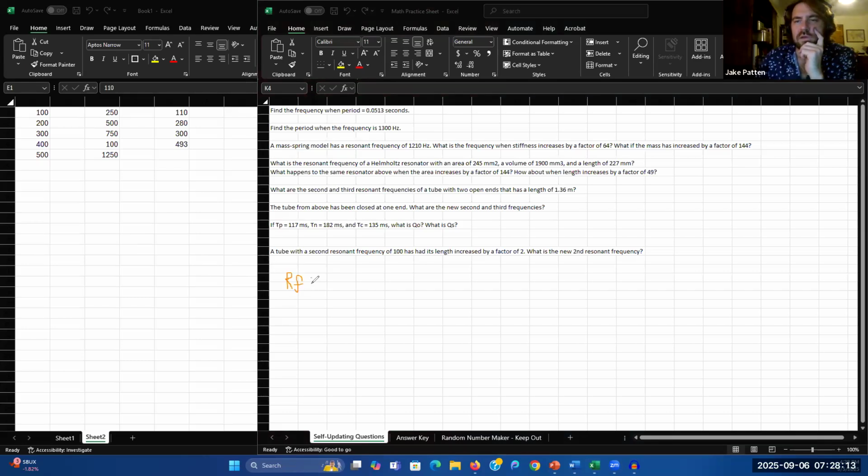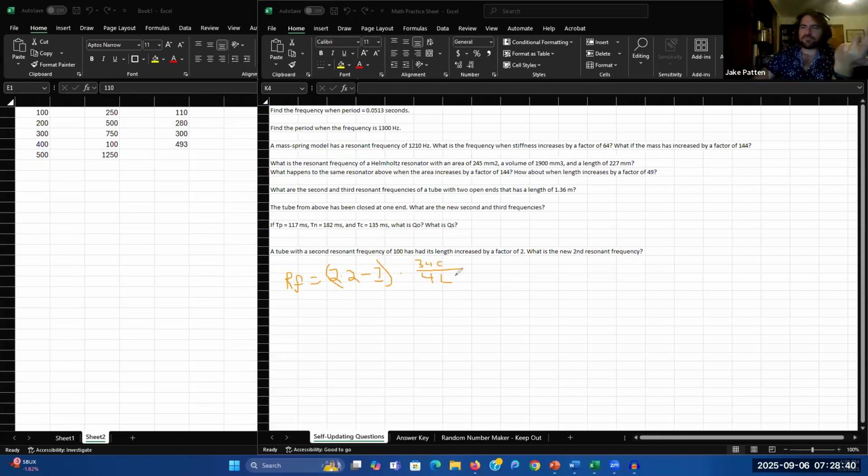But you'll do resonant frequency equals, let's see, it's the second one, so it's going to be 2n minus 1. So it's 2 times 2 minus 1, multiplied by 340 over 4L.